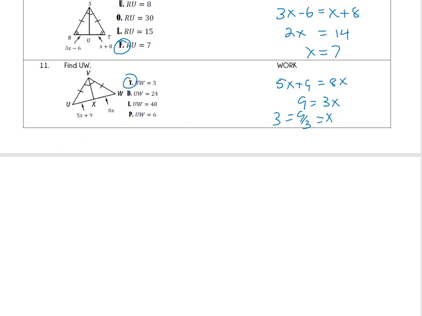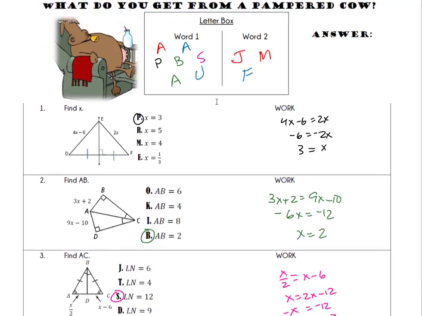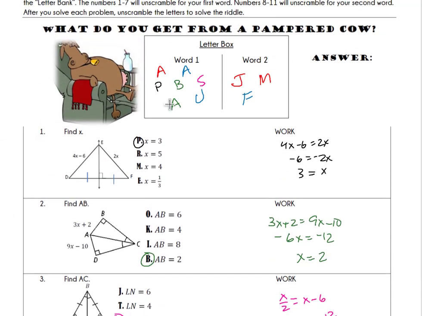So Y is for that last one. So I'm not sure what the unscrambled letters are for this one.